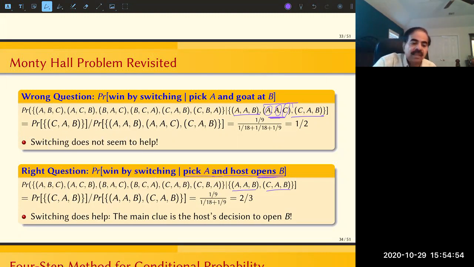So this particular outcome is no longer in this set of you picking A and the host opening B.